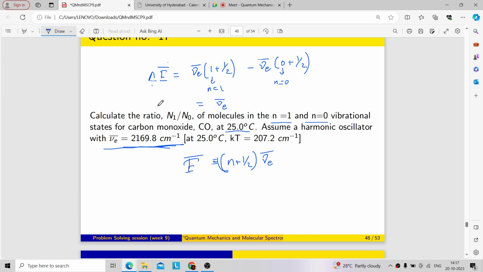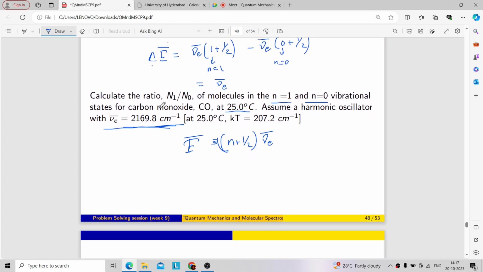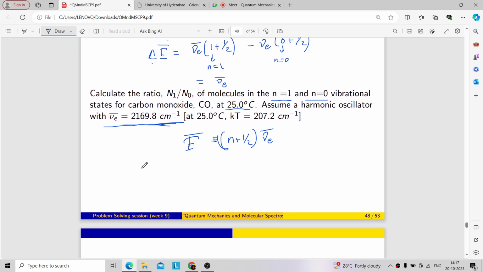Okay, now we need to calculate n1 over n naught. Applying the Boltzmann distribution, we get n1 over n naught equal to e to the power minus delta E bar over kT. For this temperature, 25 degrees Celsius, the kT value is given, and the delta E value we calculate, which will be equal to this nu E bar.